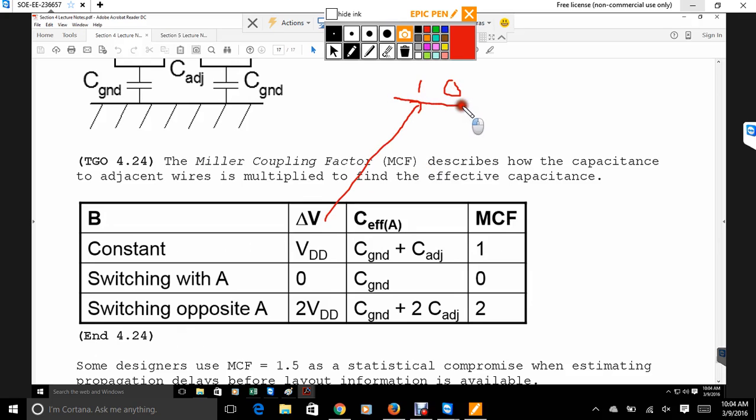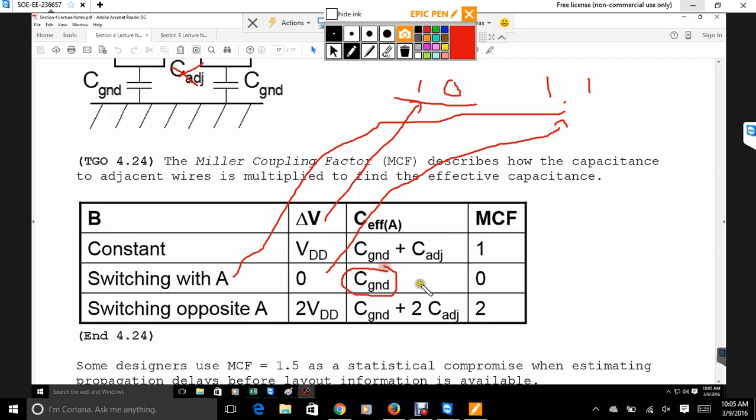So they're just constant. So then here, what ends up happening is that we have some where it's 1, 0, and then it switches to 1, 1. So therefore, our difference in voltage is 0. And therefore, the adjacent capacitance is now negligible, and now we just deal with the capacitance to ground.